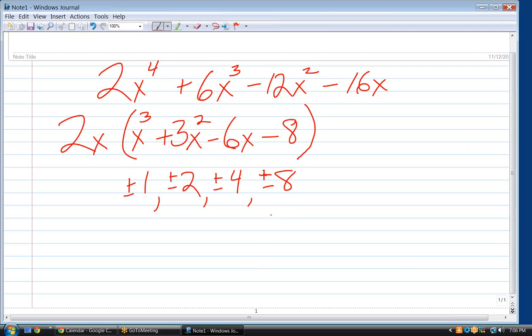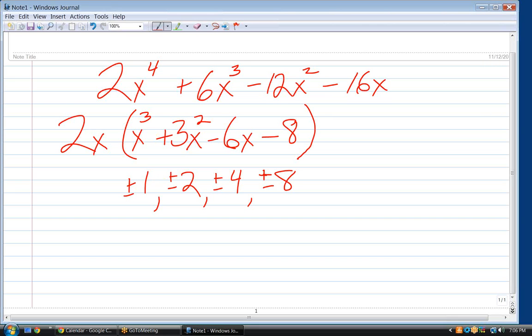Okay, so our next goal is to see if any of these are a solution to this cubic. And if any of them are, then we'll be able to reduce that cubic to a linear solution and a quadratic, and then we can handle the quadratic quite easily.